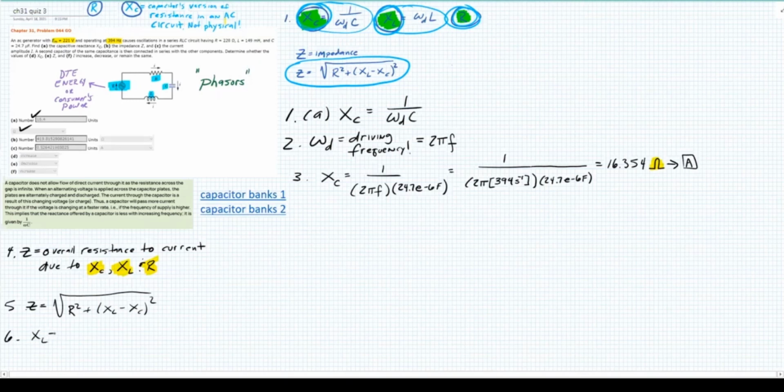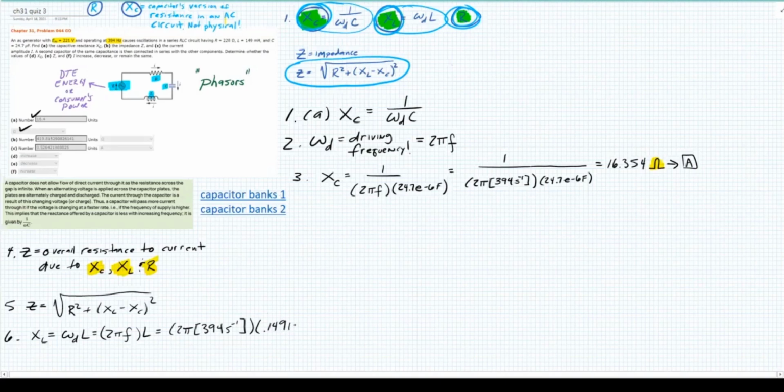XL is inductive reactance. This is the inductor's resistance to current flow, and that equals omega D times L, equals 2 pi F. That's the driving frequency brought to you by that gigantic fast spinning turbine, times L. With numbers, 2 pi F. For me, my turbine is spinning at the rate of 394 cycles per second, also known as a hertz, times L. My inductance here is 149 millihenry. 149 millihenry is just 0.149 Henry.